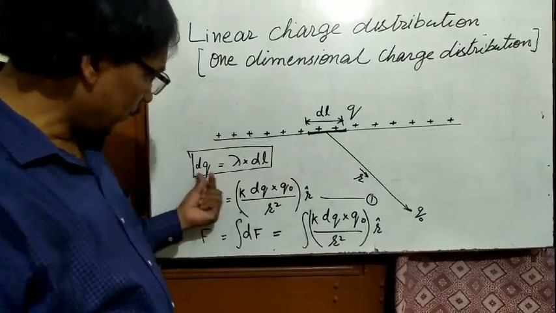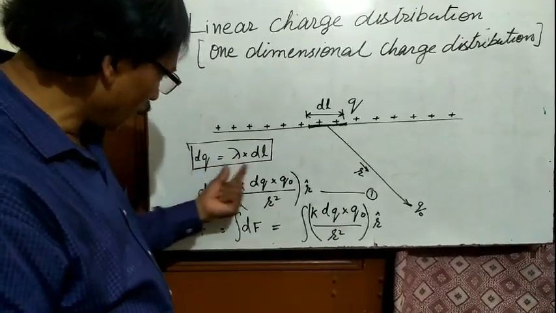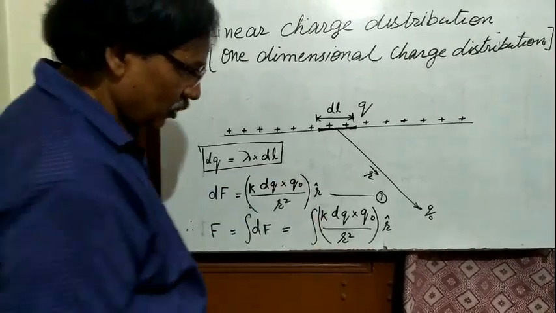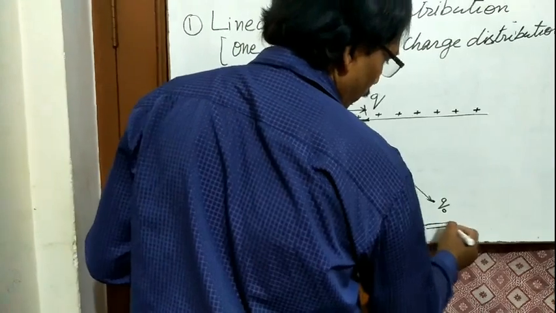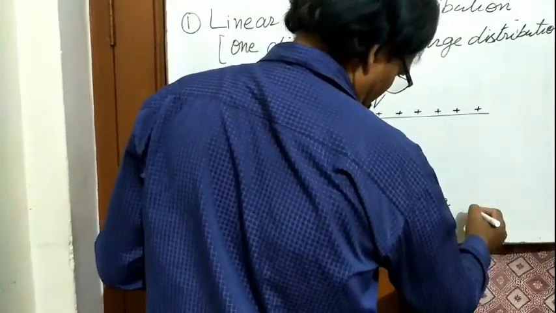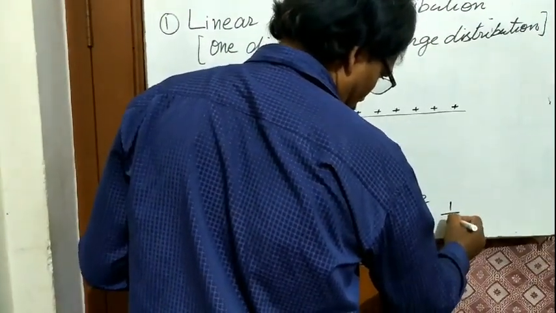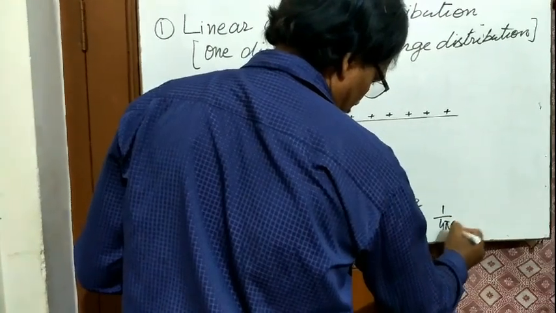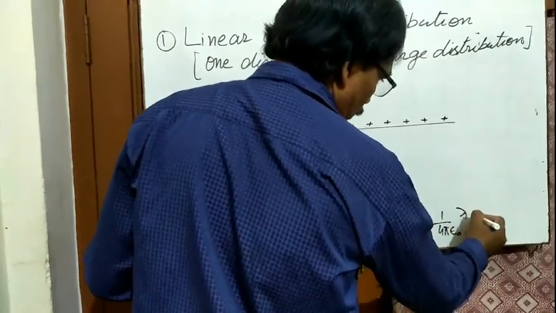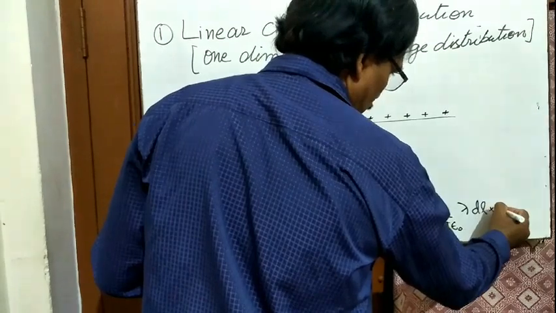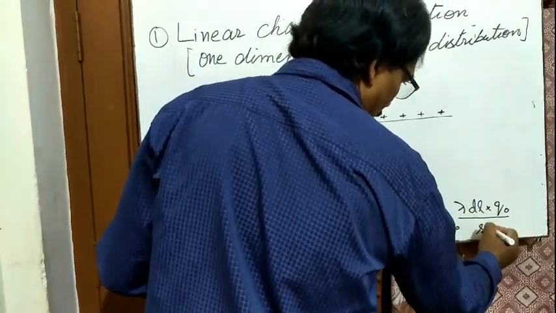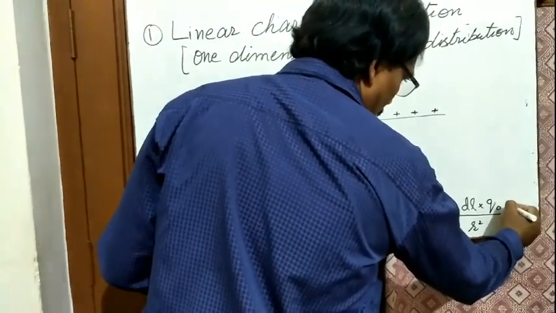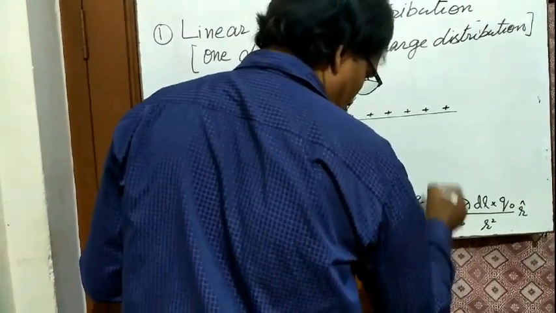So we can write lambda into dl in place of dQ. It will become equal to 1 by 4 pi epsilon naught, lambda into dl into Q naught by r square r cap, integration.